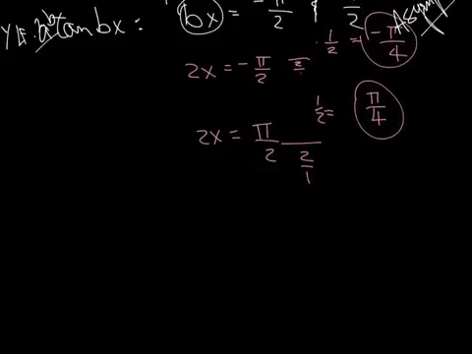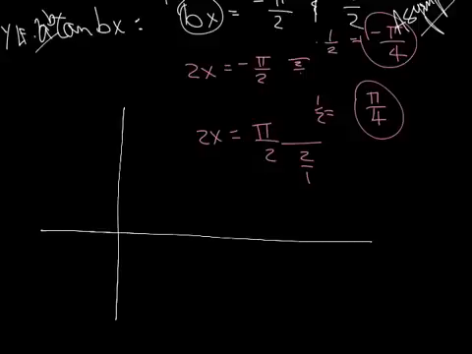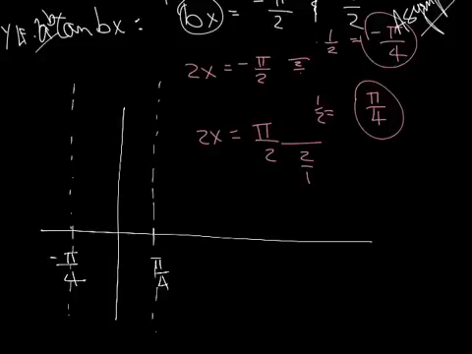So we get our graph here. And let's see, what did I find out? I found out pi over 4 and negative pi over 4 are my two asymptotes. I'll put those lines in blue right here. Let's see what else I know.